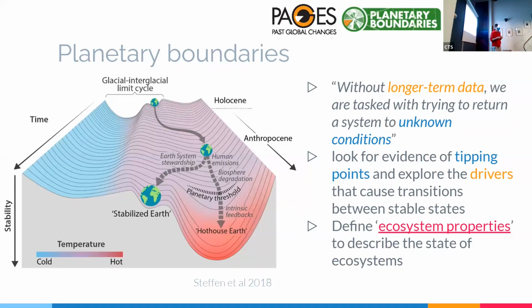I'm still not sure if I understand. So, if the Earth is going towards Eocene, for instance, in terms of temperature, how can you use your data from the past to make it more stable?